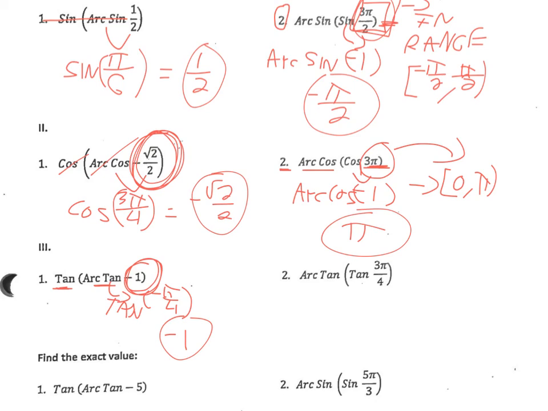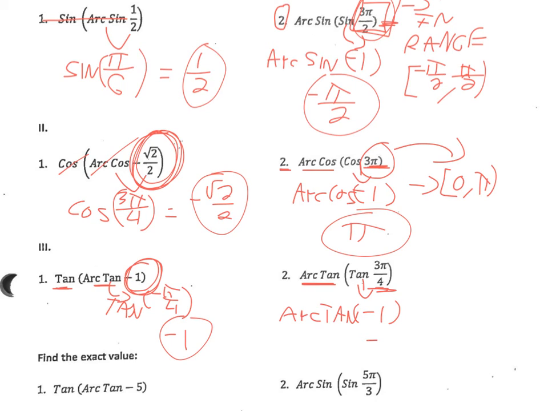Now, number 2, again, this is going to be an example where they don't cancel out, because eventually you're going to take arc tangent. That's going to be the last thing. And this 3 pi over 4 is not in the range for arc tangent. So if I did this, tangent of 3 pi over 4, that would be -1. And when we take the arc tangent of -1, this answer has to be in the 4th quadrant.